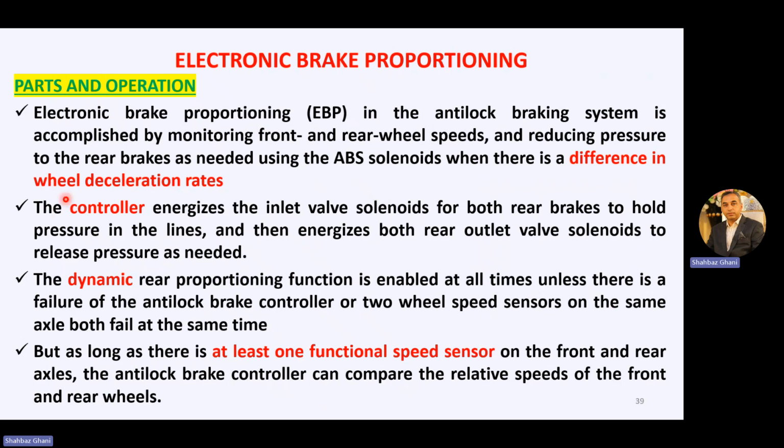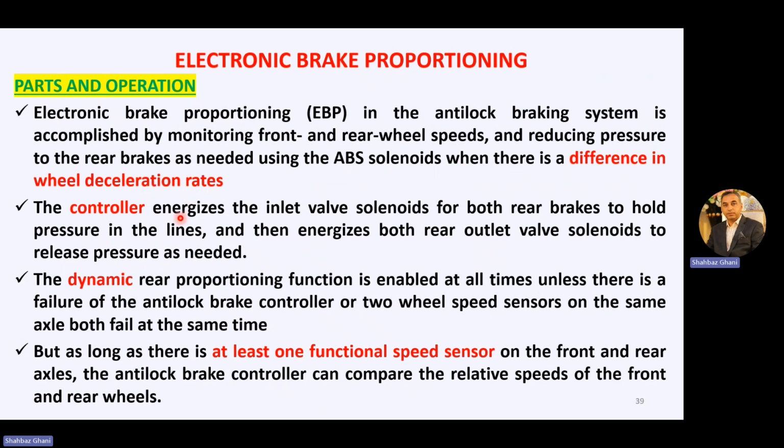Electronic brake proportioning in the anti-lock braking system is accomplished by monitoring front and rear wheel speeds and reducing pressure to the rear brakes as needed using the ABS solenoids when there is a difference in the wheel deceleration rates.